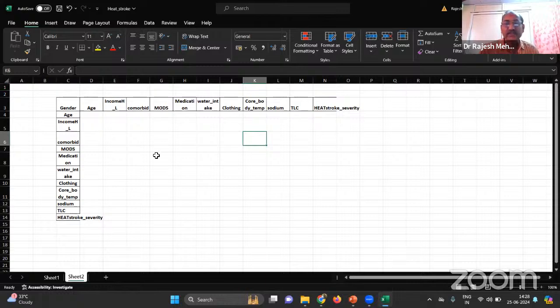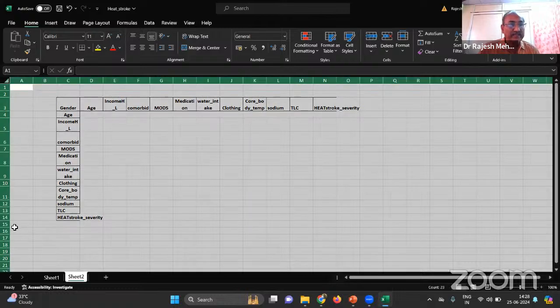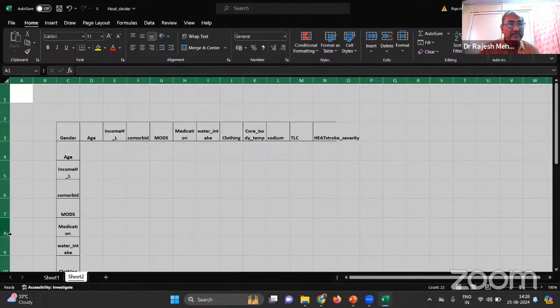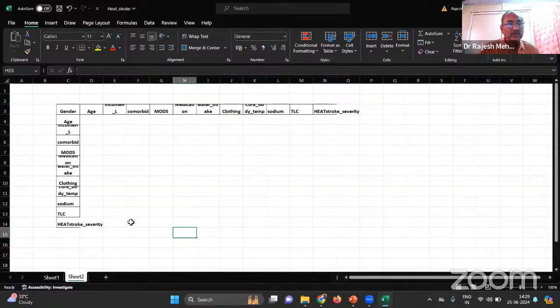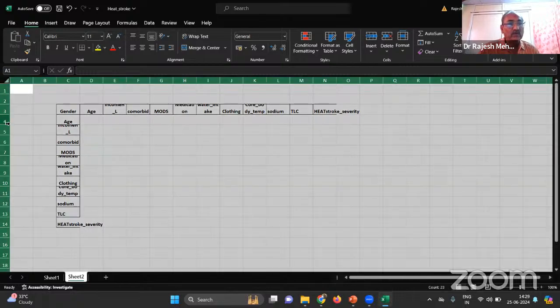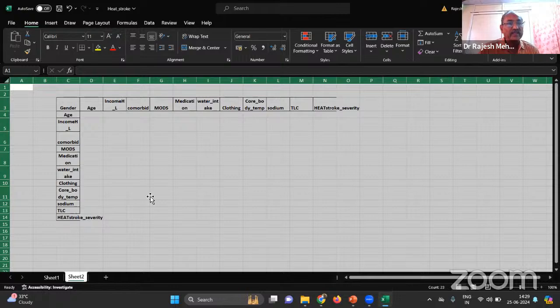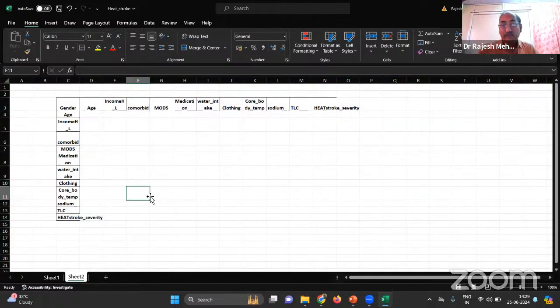So now I will ask you a question. There are 12 variables. How many tables are possible theoretically? Can anyone tell me? There are 12 variables, and how many tables are possible? So one of the answers would be 12 into 12, 144.